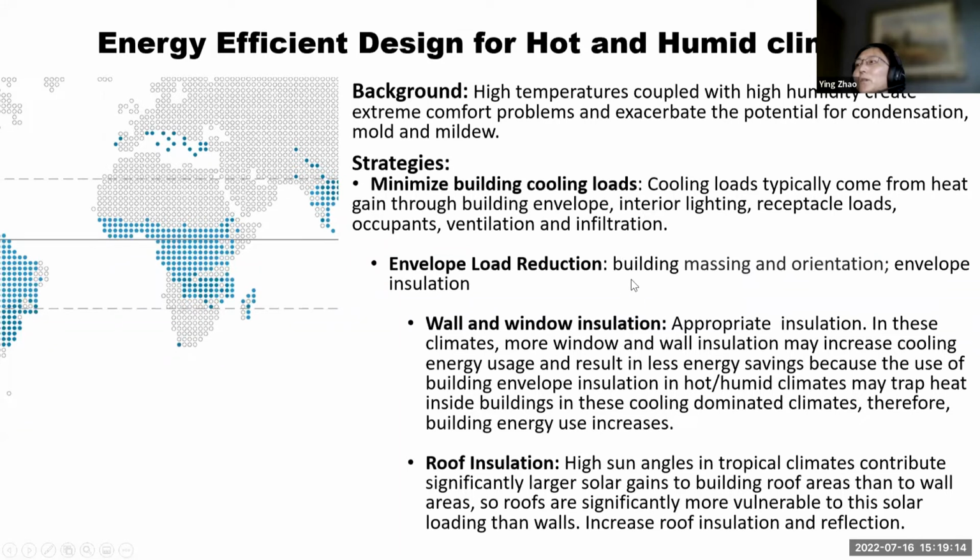For the envelope, you consider massing and orientation and envelope insulation. For wall and window insulation, an appropriate level is needed. In this climate, more window and wall insulation may increase cooling energy usage and result in less energy savings, because building envelope insulation in a hot climate may trap heat inside the building.